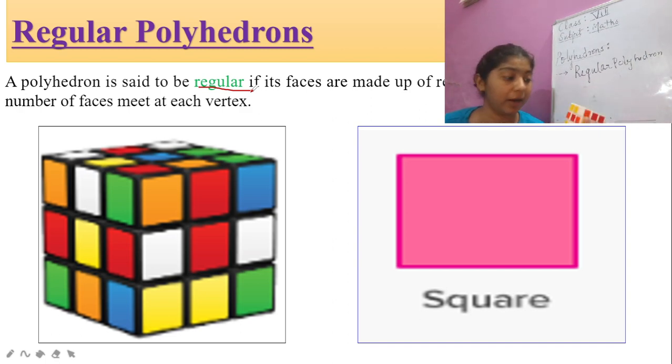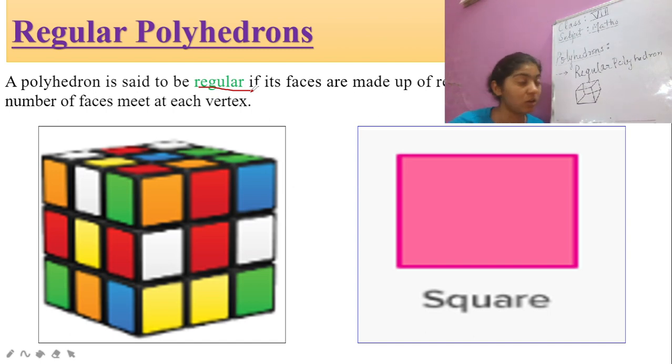So if I talk about this Rubik's cube, in this Rubik's cube you can see every cube, there is a very small cube, right? And for each cube, if we draw a small cube for you, you can see that we have a square, right? You can see on each face we have a square, and each face is made up of regular polygons.